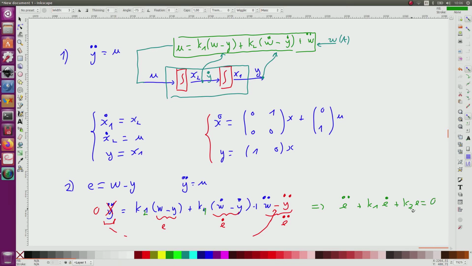And this differential equation does not make appear variables such as u and y. The error is totally independent of the other quantities. So I will now find the k1 and k2 so that this system is stable, so that e will converge to 0.